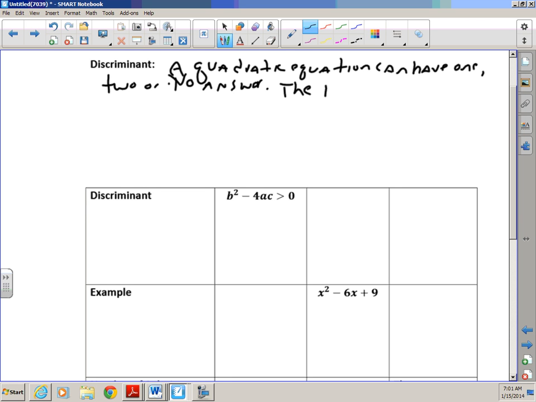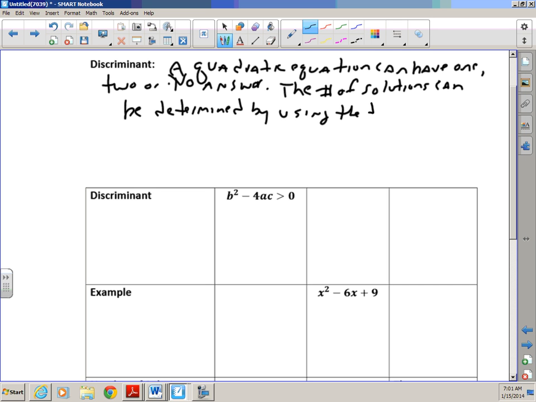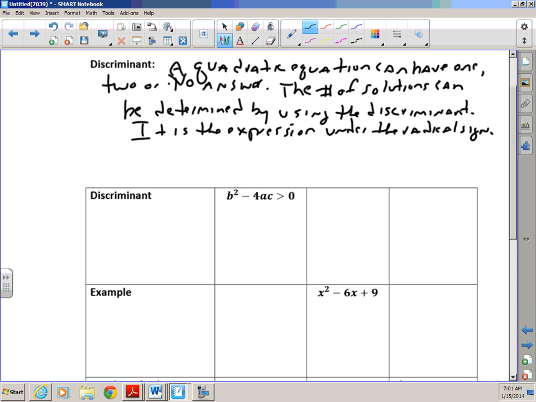The number of solutions can be determined by using the discriminant. The discriminant is the expression under the radical sign in the quadratic formula. So the discriminant is b squared minus 4ac.